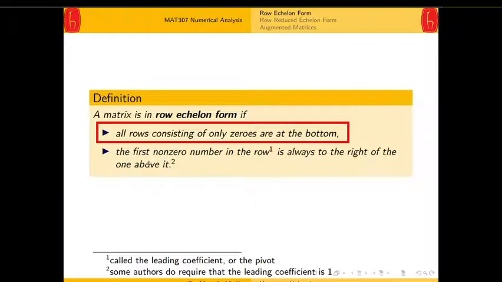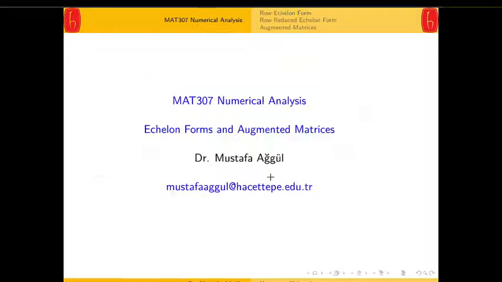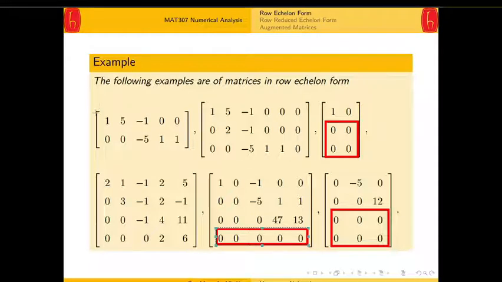So this condition is satisfied already. The first non-zero number, the leading coefficient in the row, is always to the right of the one above it. The leading coefficient will be this one here and that one there, and as you see, it's moving to the right. So the leading coefficient of the second row is on the right of the leading coefficient of the first row.